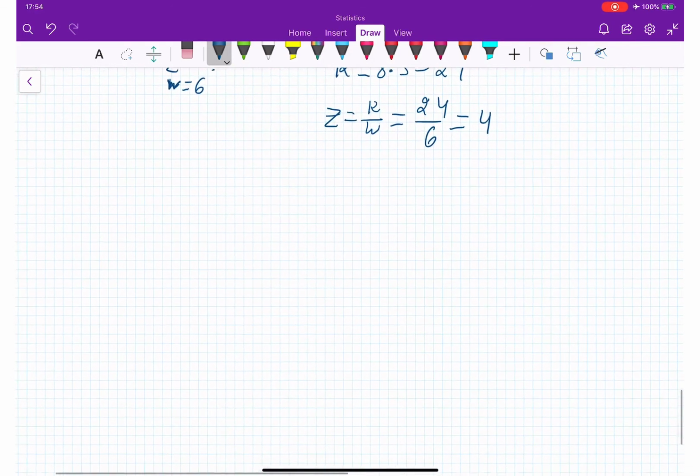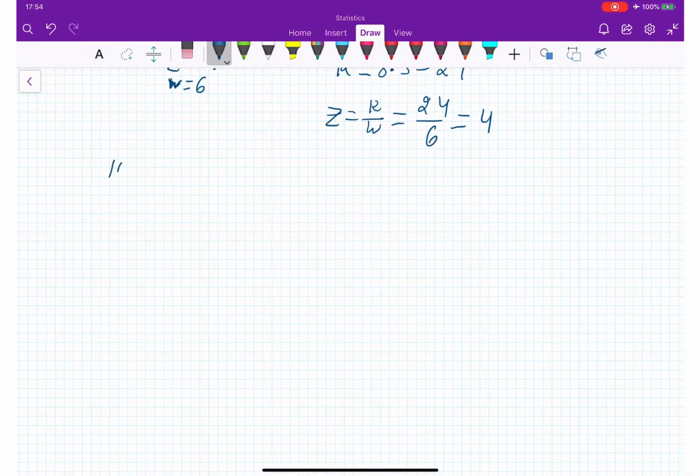Question number 16. So we have a graph, we need to identify if this graph, the function, is 1 to 1 or not. How we are going to identify if this is 1 to 1 or not?